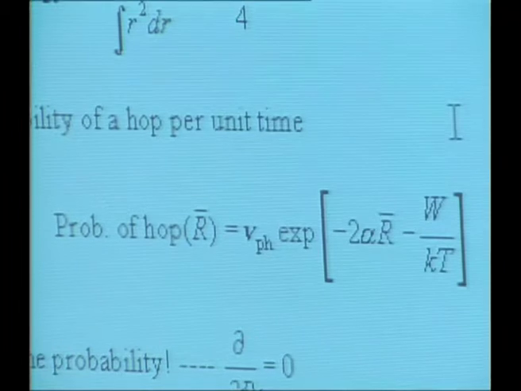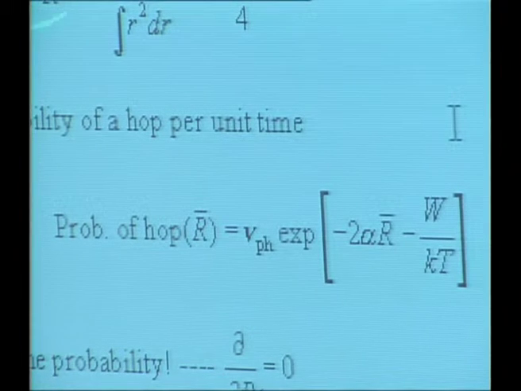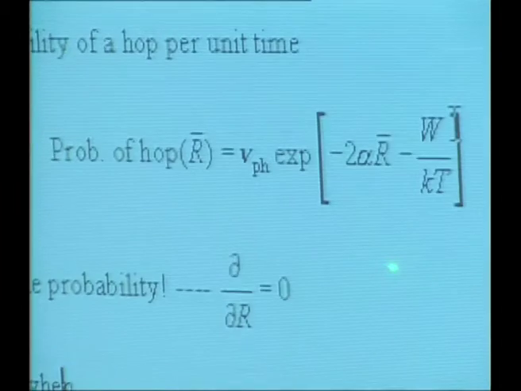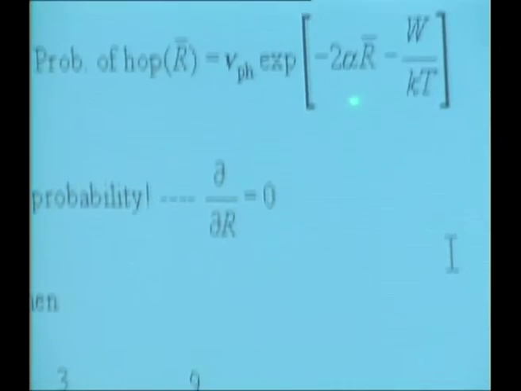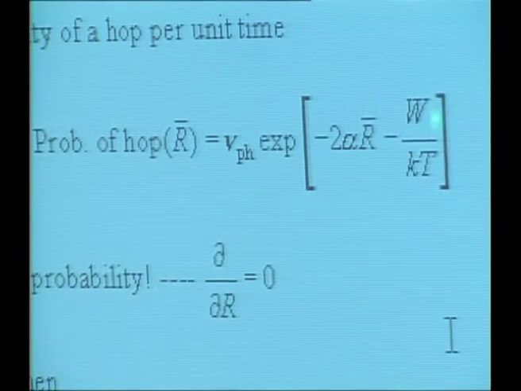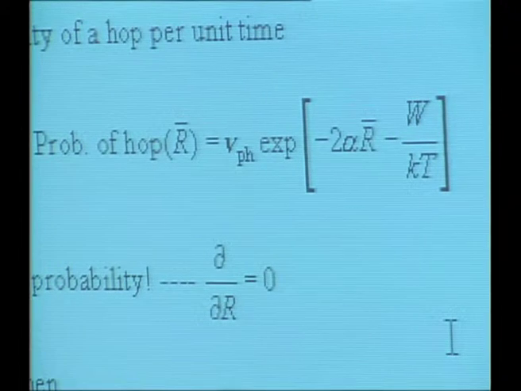So then Mott realized that you could write an average hopping distance. And when you write this average hopping distance, you have R bar here, and you also have it in the W.